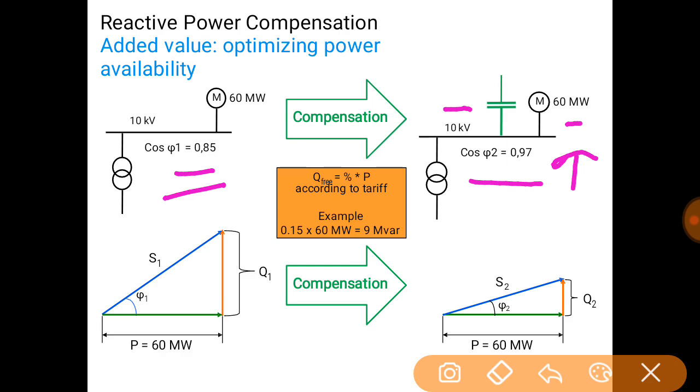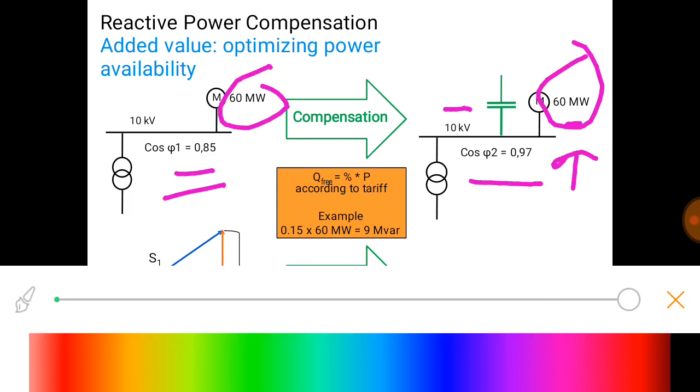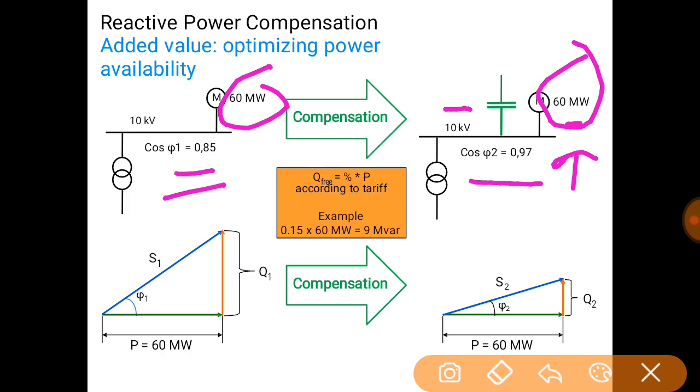An example is given. Here the active load is constant. For this example, the triangle is given like this.